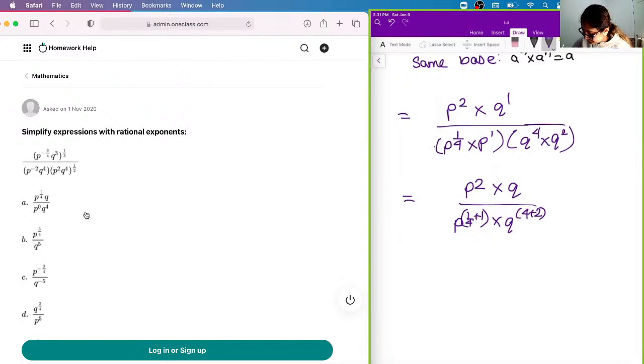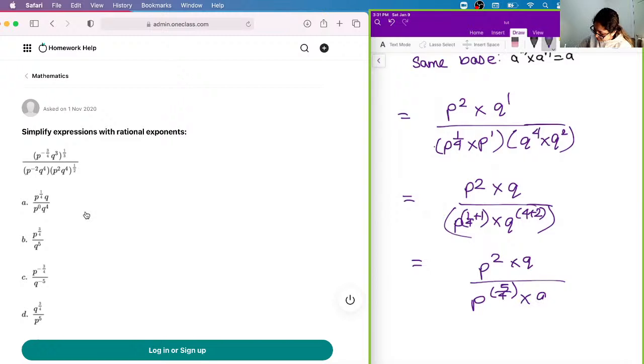Okay. And so p squared q over p, we would use a common denominator of 4. We have 5 over 4, a fraction, times q to the 6.